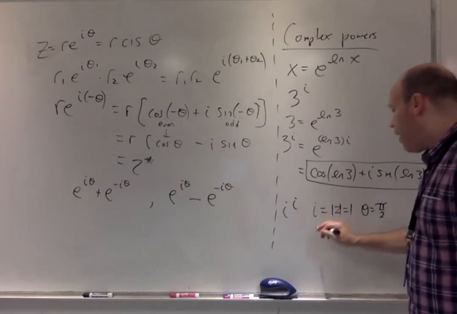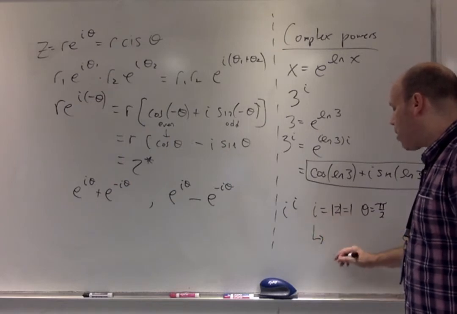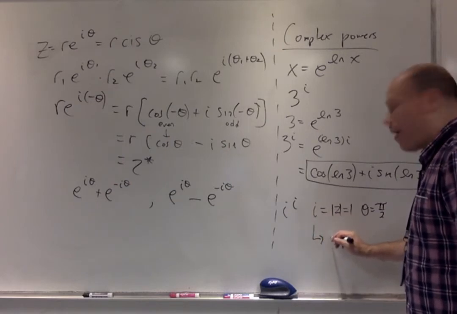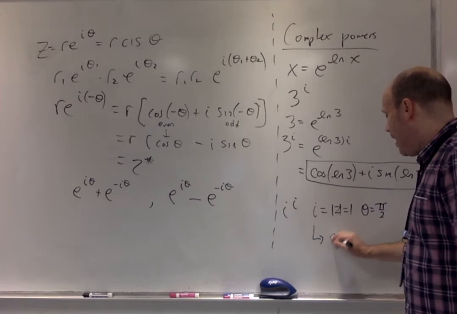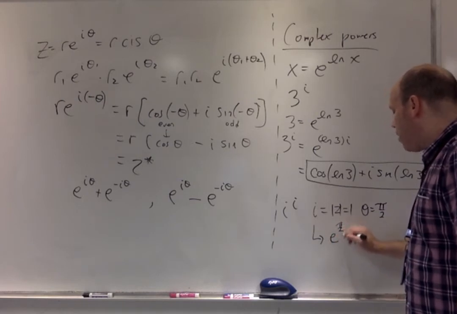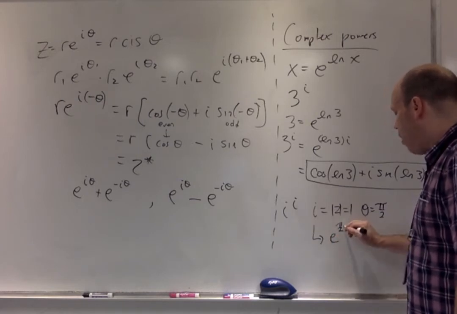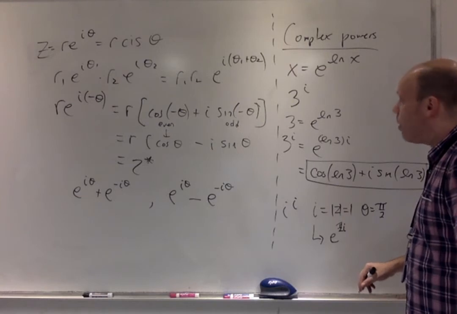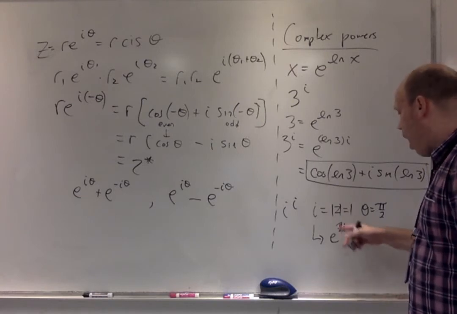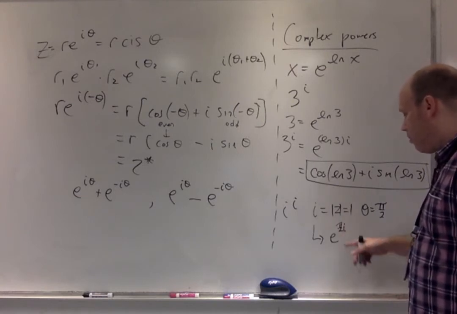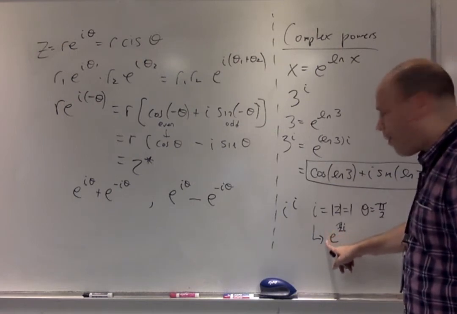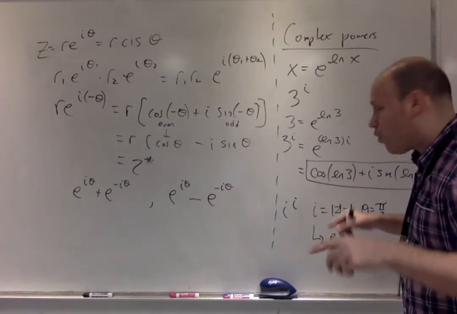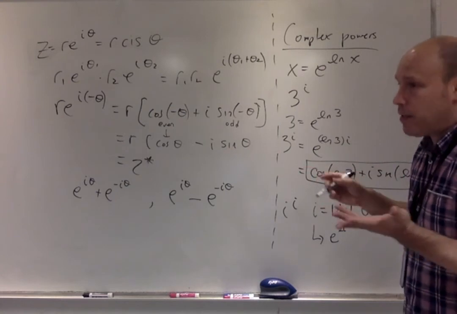So technically, i, as Euler's number, is 1, I'm not going to write the 1 in, e to the pi over 2 i. Right? That's i. Once again, the modulus is 1, and the argument is 90. That takes me to i.